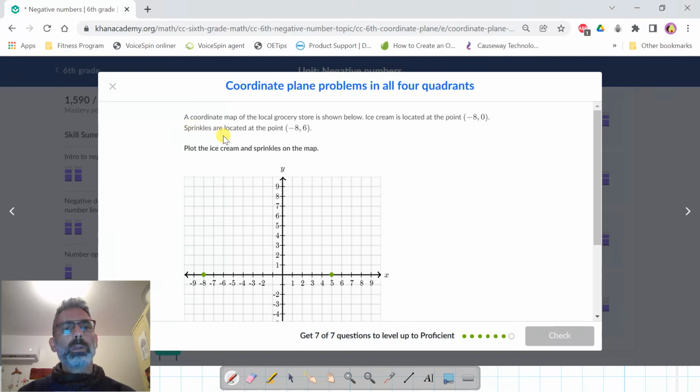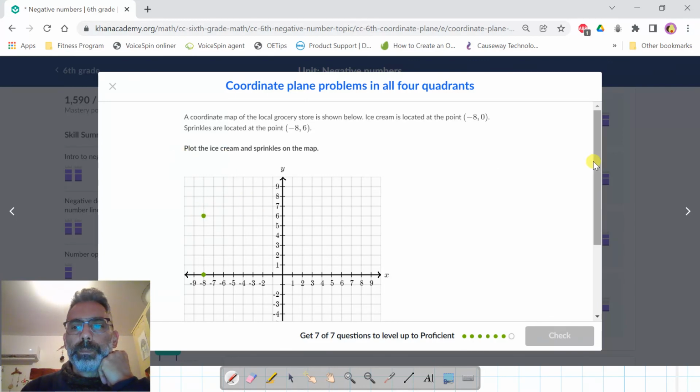Sprinkles are located at the point (-8, 6). Okay, so we are on the same point on the x-axis, and we have a distance of 6 between these 2 points. The first point is on y 0 and the second point is on y 6.